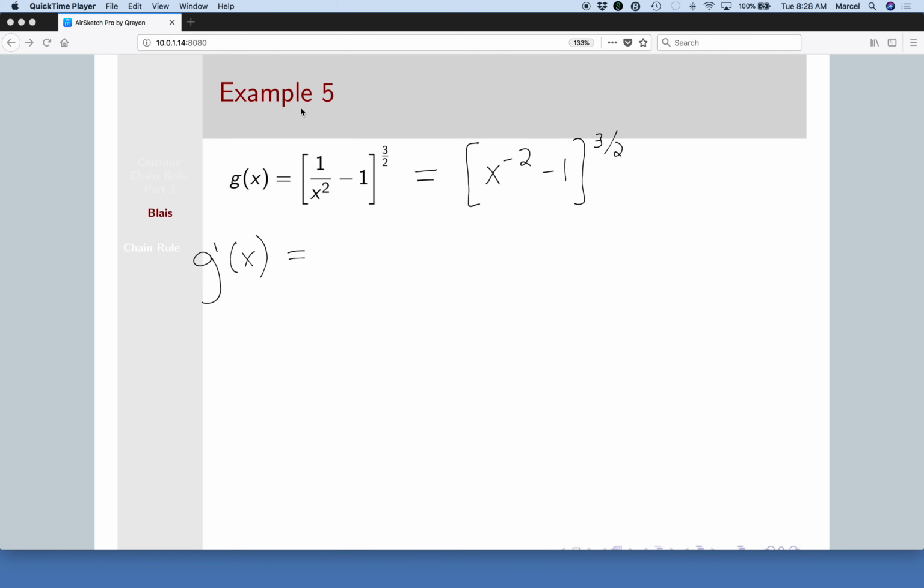So derivative of the outside, 3/2. 3/2 minus 1 is 1/2. Leave the inside alone. Times the derivative of the inside, which power rule on this gives us minus 2x to the minus 3. And of course, the derivative of the constant minus 1 is 0.